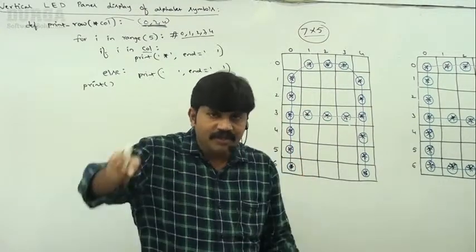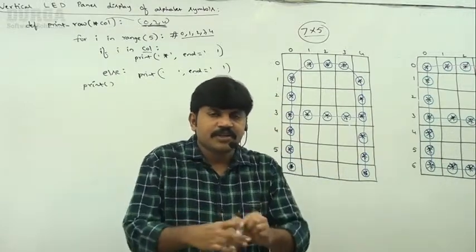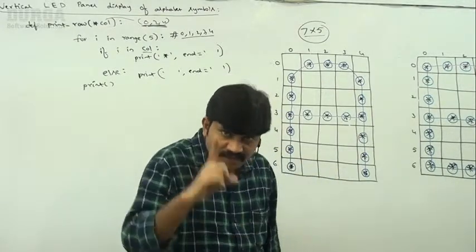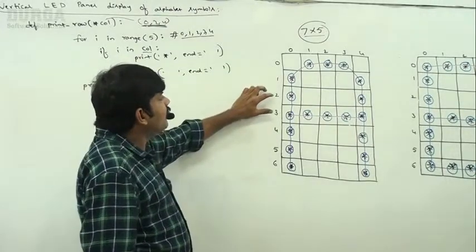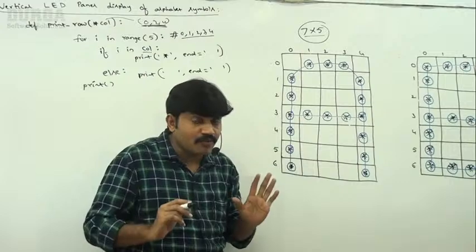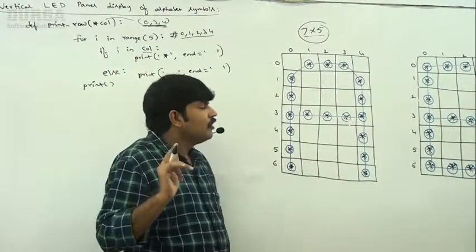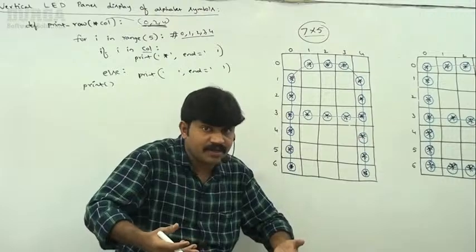Are you getting it? In every row, how many columns are there? 5 columns. Every column contains either a star symbol or a space symbol. Now I want to generate the A alphabet symbol.